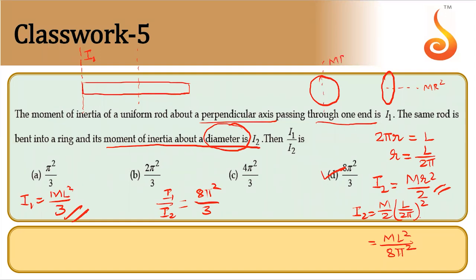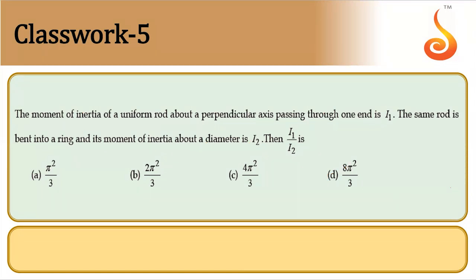This should be mr square by 2. Take one more. This is also mr square by 2. So the sum of these two should be this. Yes. Hope you have taken this. Shall we move on to the next.